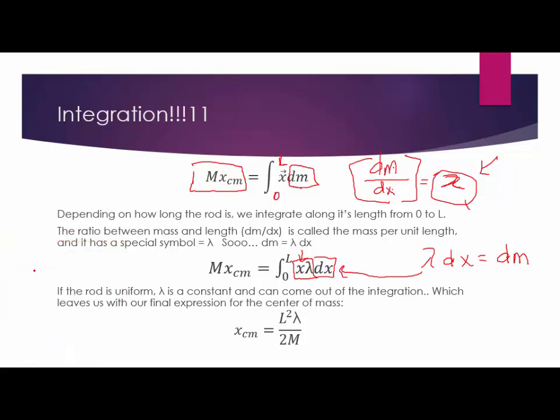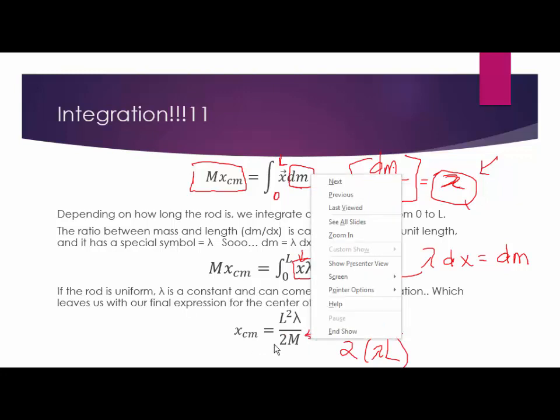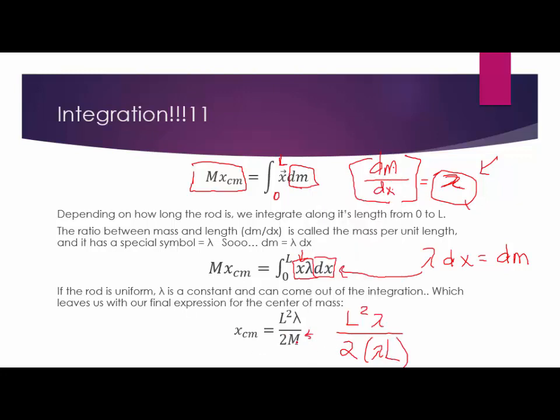Now remember that mass is equal to lambda times dx, or in this case, since we integrated from 0 to L, it's equal to lambda times L. Remember, this capital M represents the entire mass of the object, so I have to use this capital L to show the entire length of the object. Then we can cancel some things out, and we get L over 2.